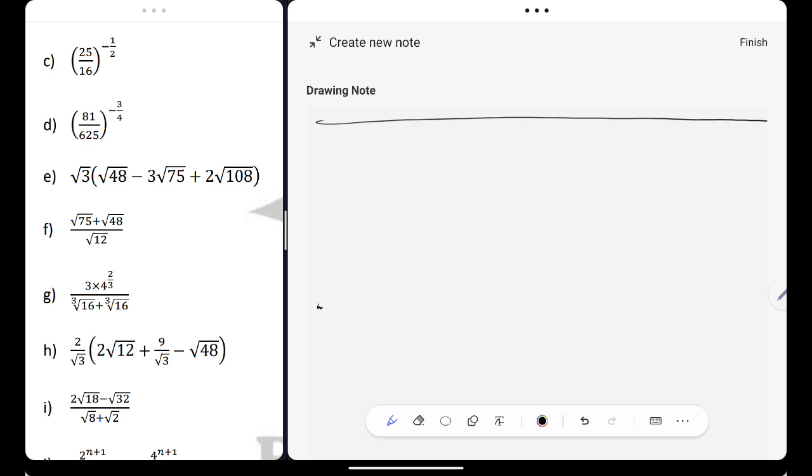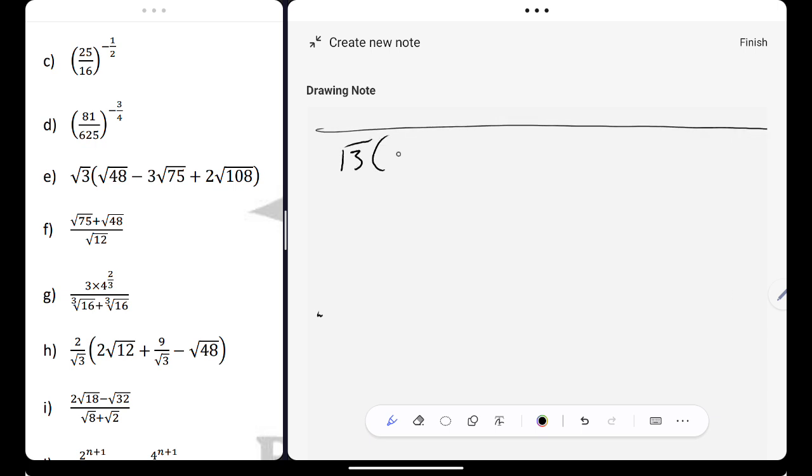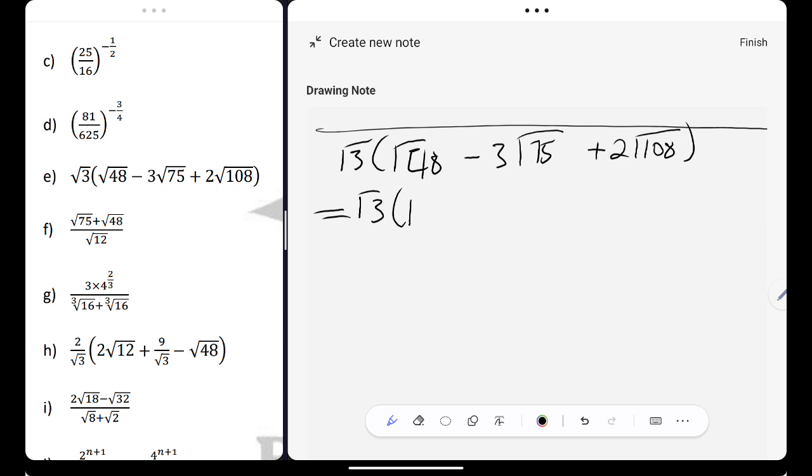In this case, we have the square root of 3 multiplied by the square root of 48 minus 3 times the square root of 75 plus 2 times the square root of 108. It's simple, okay guys, it's simple. There's a square root of 3. You can break down these things into prime factors and perfect squares.